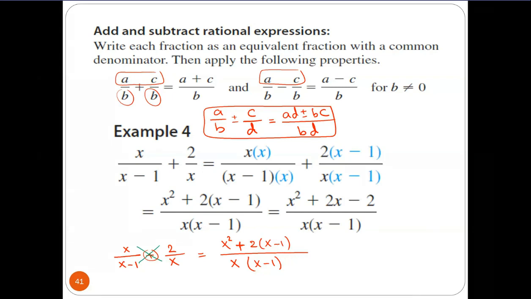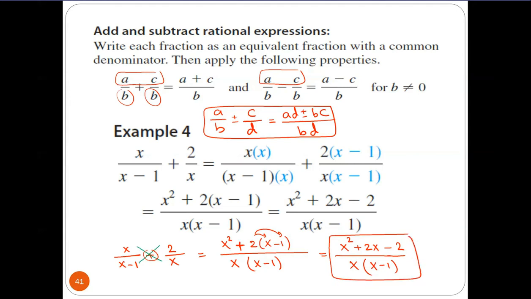Now we can put it as x square, and multiply 2 with x, 2x, multiply 2 with negative 1, negative 2, over x multiply x minus 1, like this.